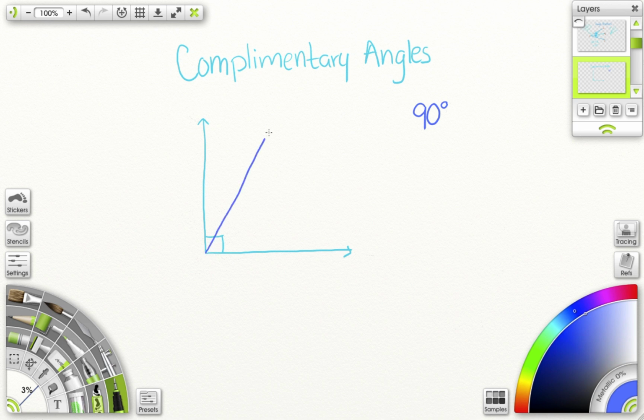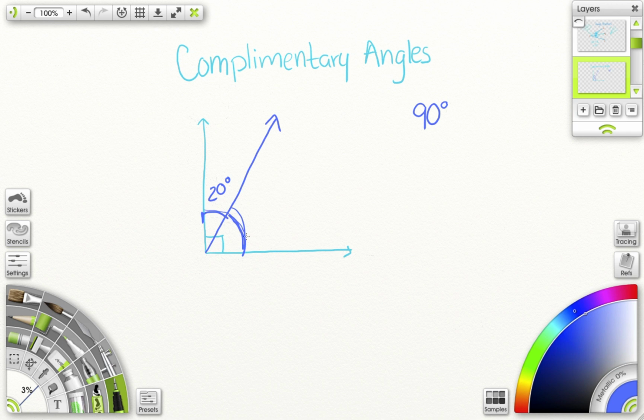If I put a line through here, and this angle from this line to this line is 20 degrees, let's say, I have to find out what this other angle is. My entire angle here is 90 degrees, right? I know this small angle is 20 degrees.